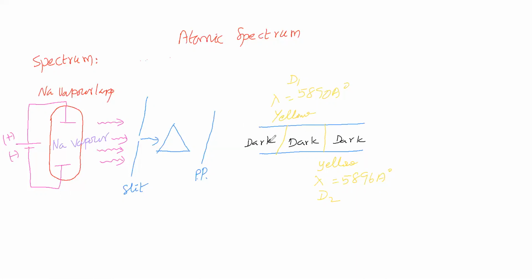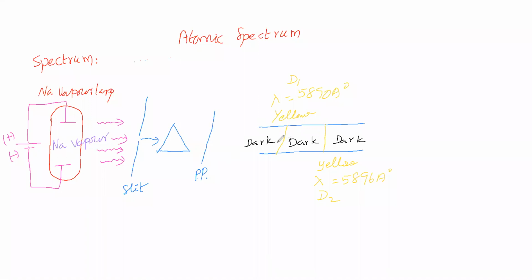So which produces this spectrum? Which is the source for this spectrum? Shall we say sodium vapor is the source? Sir, you are saying that due to sodium vapor we got this spectrum.